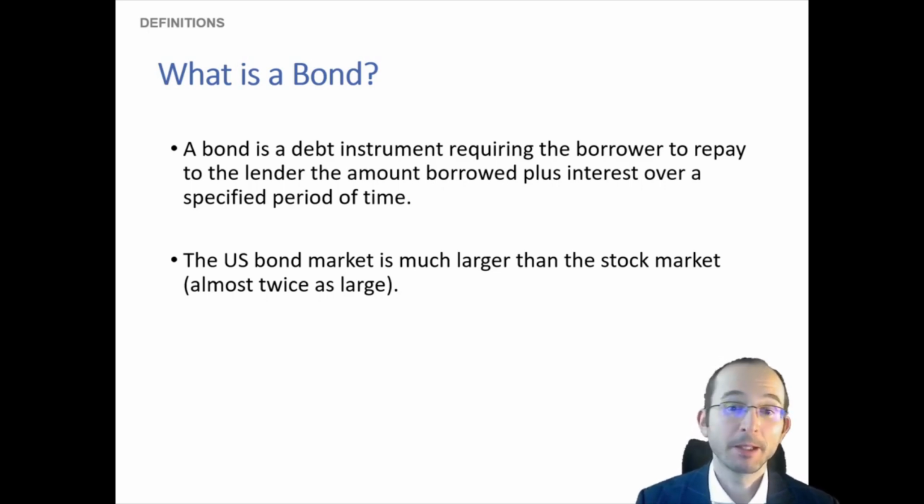And another good reason to begin here is simply because of the scale of the market. The equity market gets a lot of coverage, but actually in terms of raw size, the bond market is bigger than the equity market, so it's in some ways more economically significant.